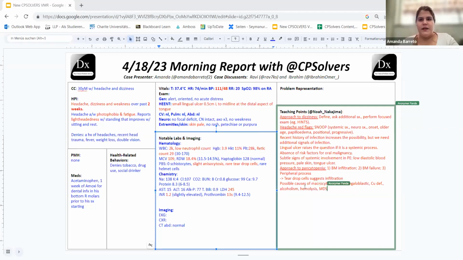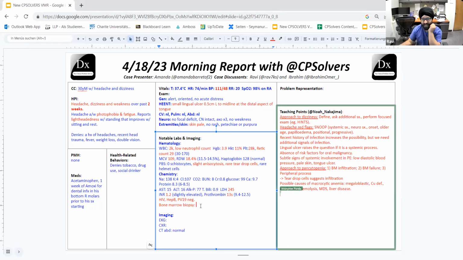Yes, so we have tests like HIV, hepatitis B, C, and parvovirus, all negative. And we have the bone marrow biopsy that gives us the diagnosis. Can I read? What do you think, Ibrahim, at this point?